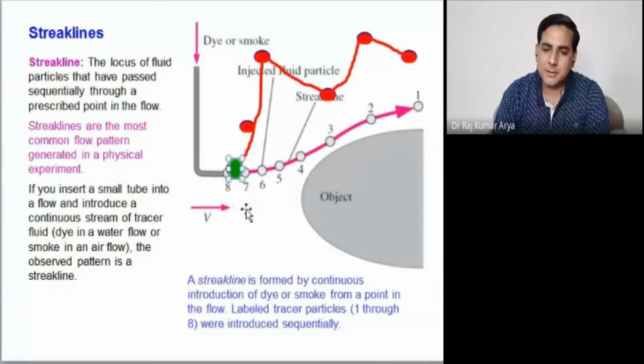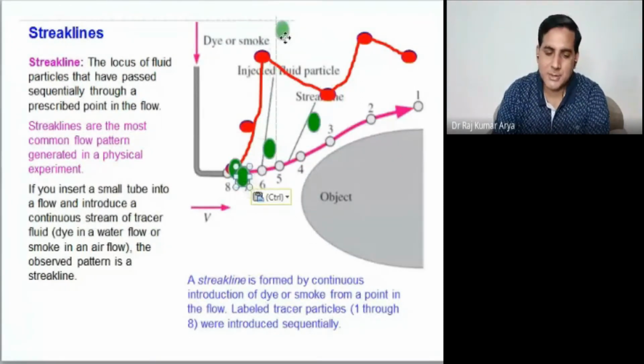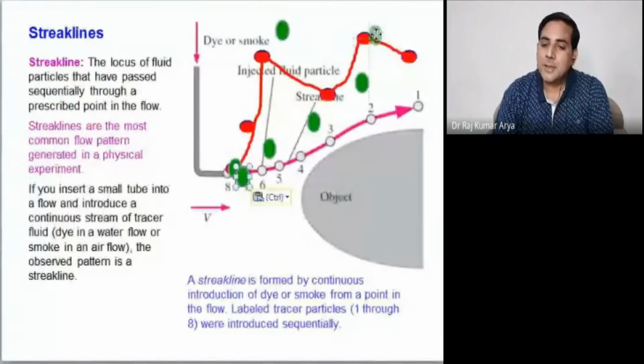After this it went here, then somewhere here, a new position, then another position here, then another position here. Okay. Now we want to draw the path line for this.